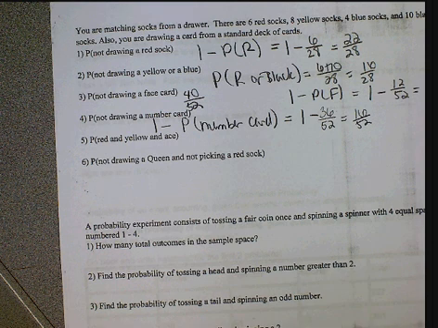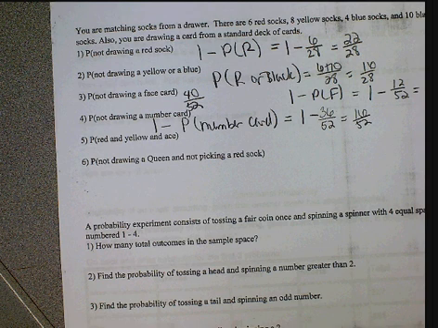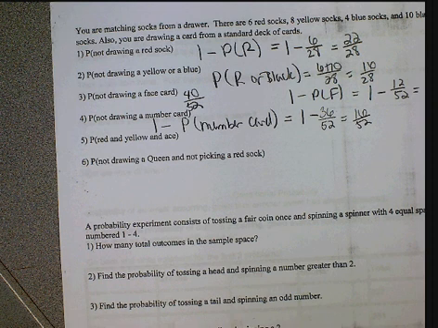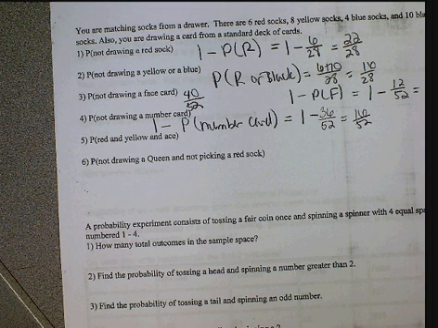So now we're actually looking at doing some things in a sequence. What would be the probability of drawing out a red sock, a yellow sock, and drawing an ace? Well, how many red socks are there?